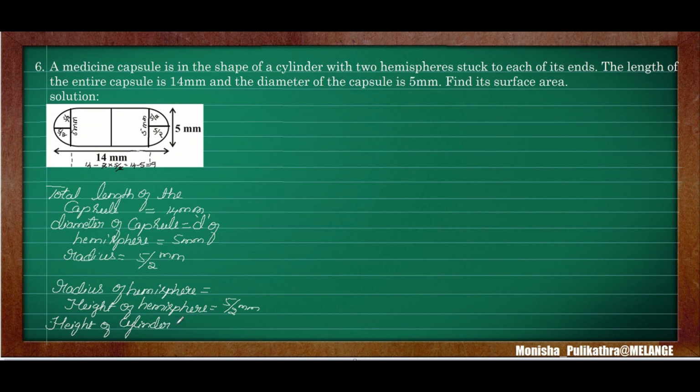So the height of the cylinder is equal to 14, the entire height, minus 2 times the height of a hemisphere. The 2 cancels, so 14 minus 5 is equal to 9 millimeter. So 9 millimeter is the height of the cylinder. Now what we have to find out is the surface area, the entire surface area of the capsule.